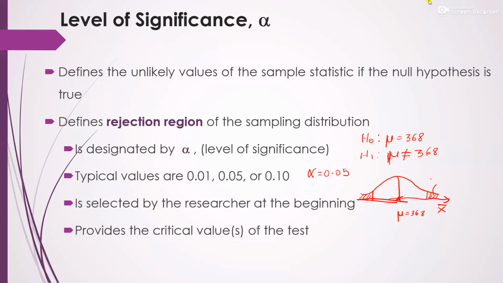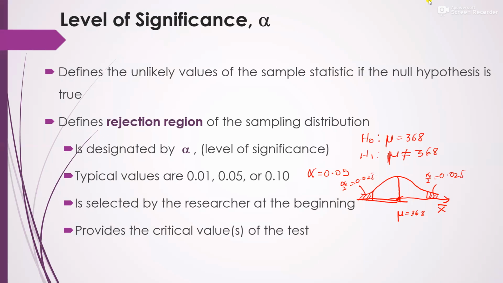It is alpha by 2, that is 0.025, and this is also alpha by 2 equal to 0.025.